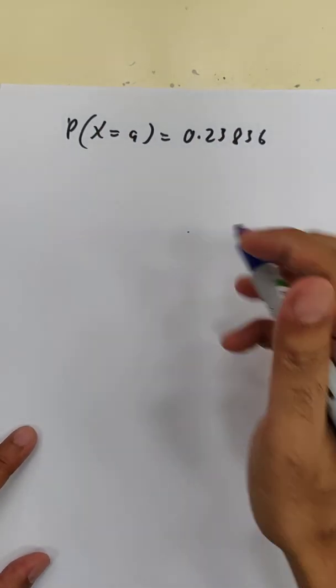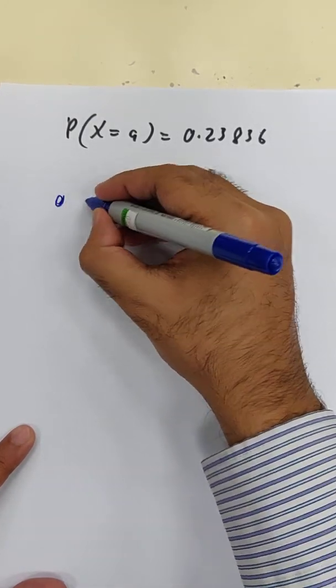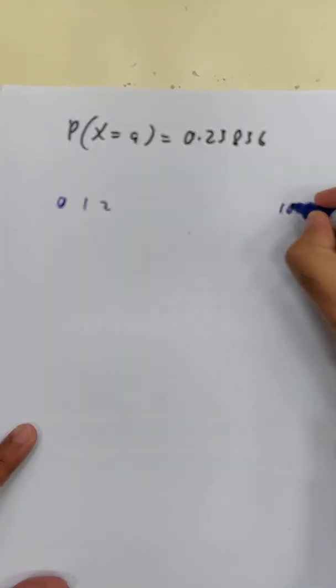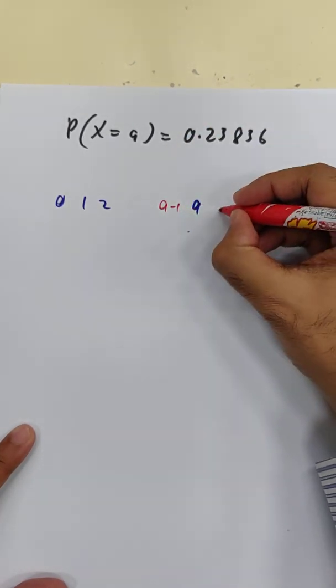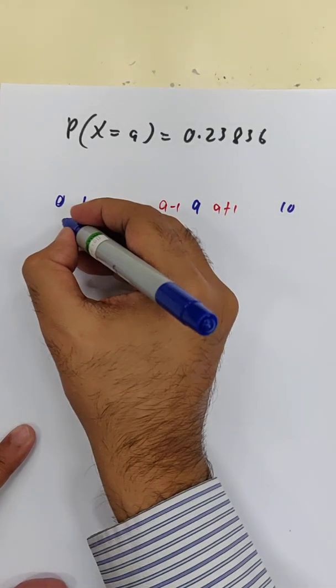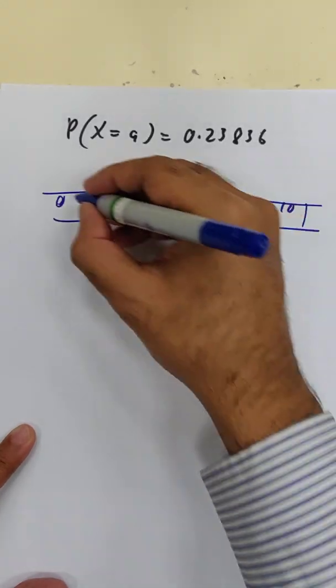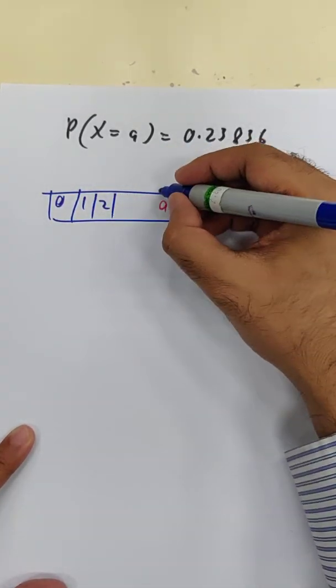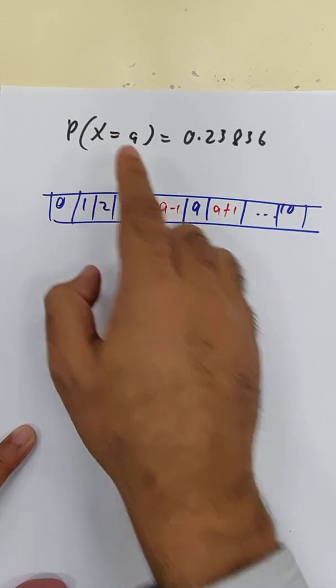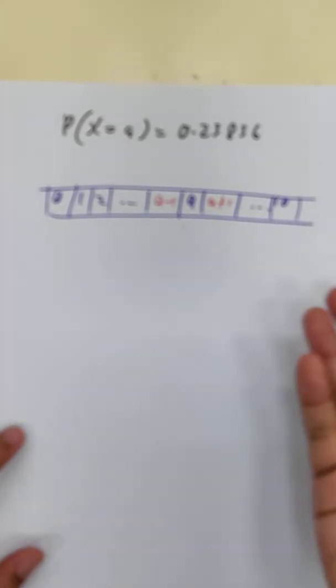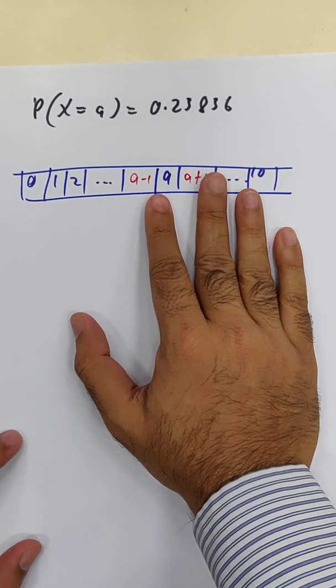Okay, so let's go back to our room. So a minus 1, a plus 1, equals to a. Alright, remember, the table reads from left to right.